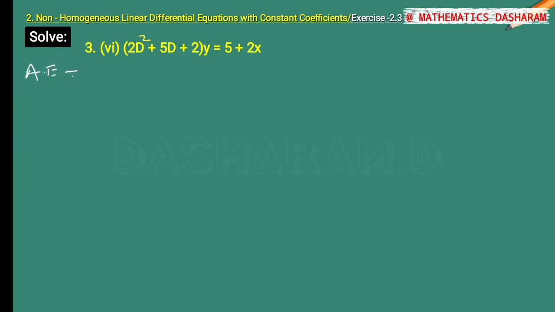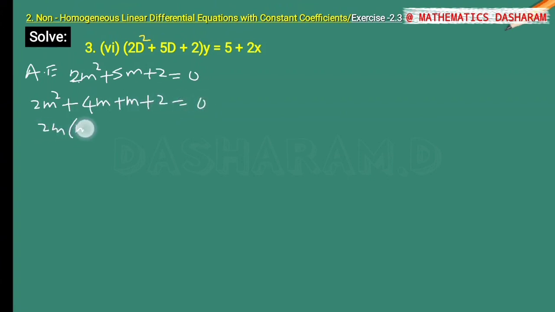So the auxiliary equation is 2m square plus 5m plus 2 equals 0. So 2m square, 5m can be written as 4m plus m, plus 2 equals 0.